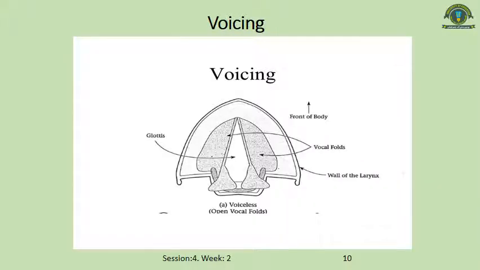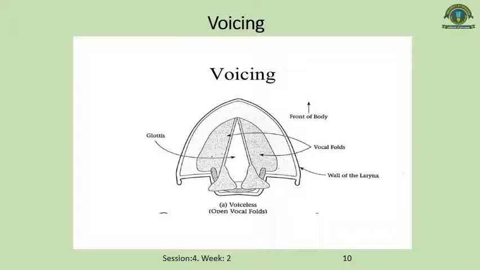I want you to understand voicing through this diagram. Look at the diagram. When you talk about voicing, for example, the first part is voiceless sounds. Now you can see the vocal folds. What is the position? Are they closed or are they open?